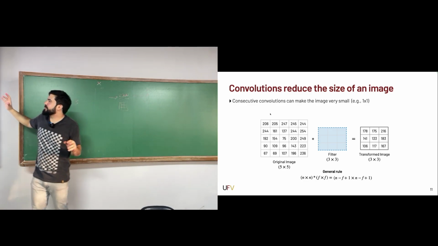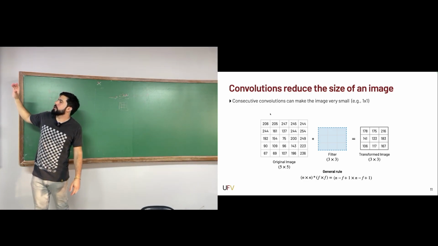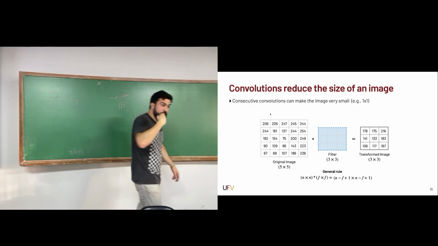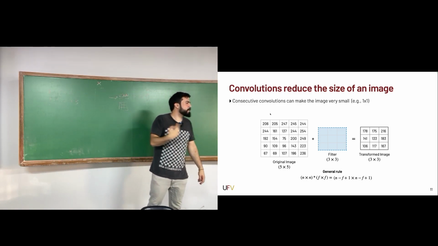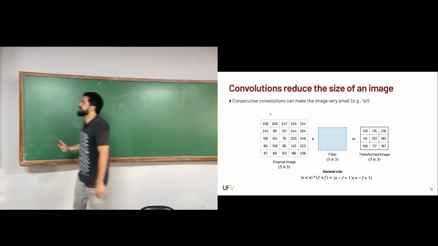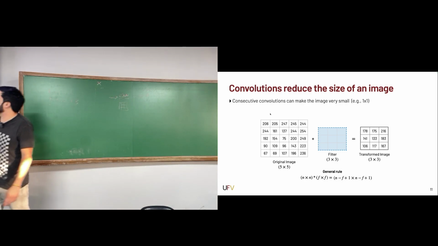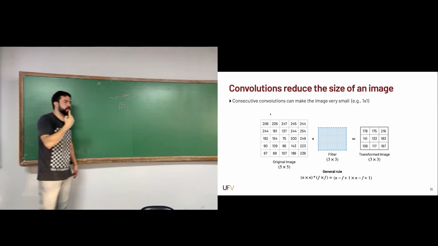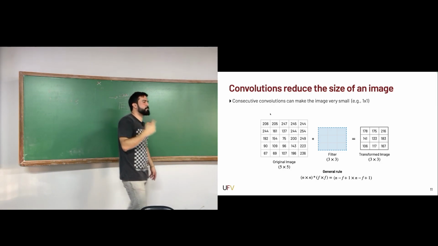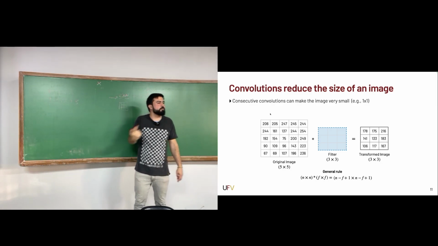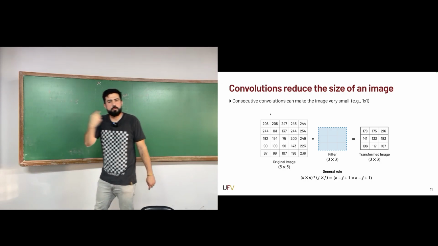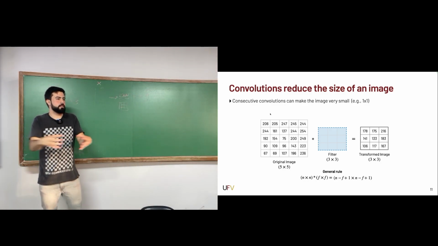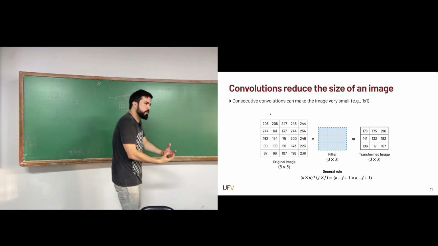You can already visualize that if I keep applying a filter to an image, that image is going to keep decreasing, and eventually it's going to become a 1 by 1 image. For example, if I apply this 3 by 3 filter to this transformed image again, it's going to become a single number, just one single pixel. So every time I do a convolution, I'm compressing the image into fewer numbers.